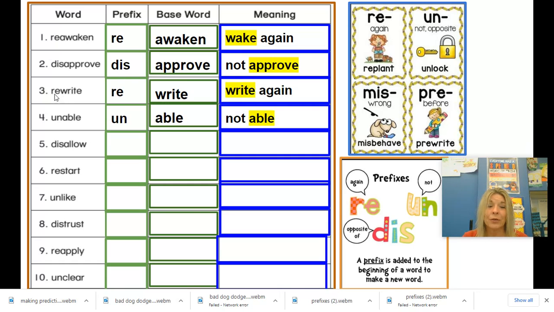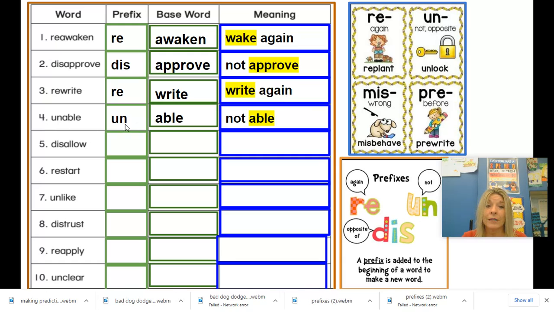On our first word here, rewrite, the prefix is re, the base word is write. And I know when I have the prefix re, that's telling me I'm doing something again, and I'm using my base word in the definition, in the meaning. So rewrite means to write again.